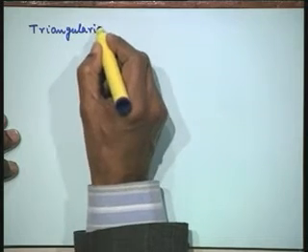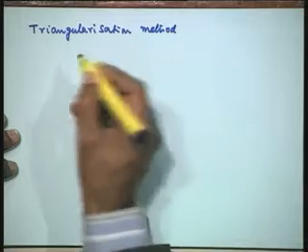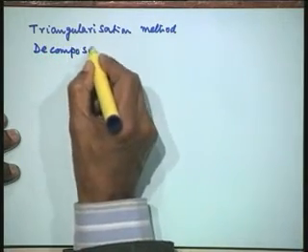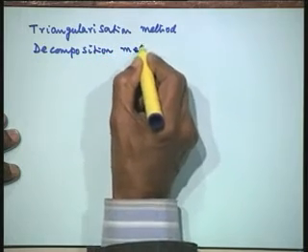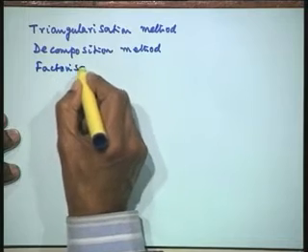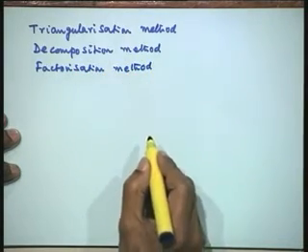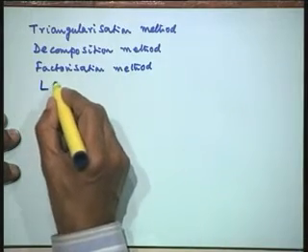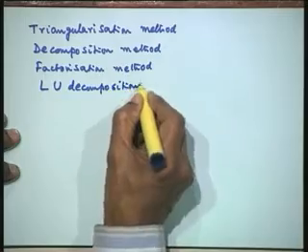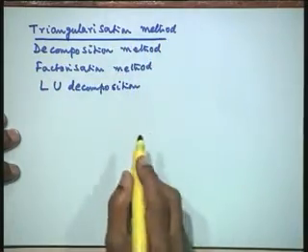It is called the triangularization method, some books call it the decomposition method, some other books call it the factorization method, and some others simply call it LU decomposition. So, all these are for the same method that we shall be describing.